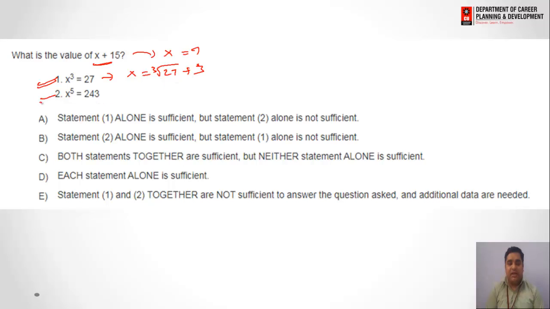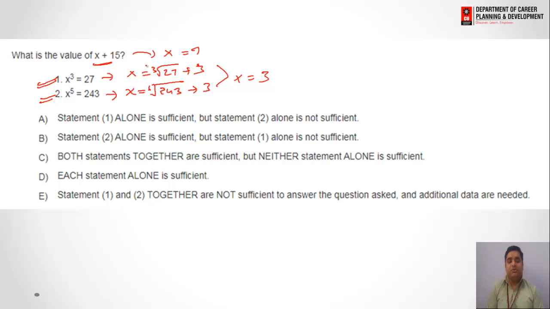Statement 2 says x power 5 equals 243, which gives x equals the fifth root of 243, that is 3. In both cases x equals 3, hence our answer is 18.